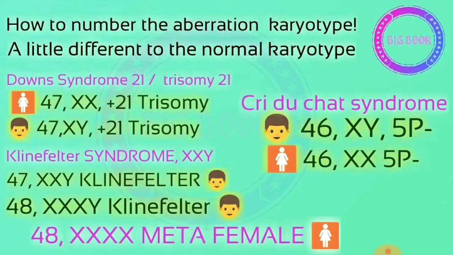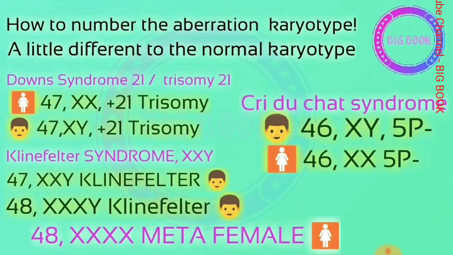Klinefelter syndrome is observed in the male itself, because whatever the number of X chromosomes may be present in the individual, the Y chromosome is going to dominate over these X chromosomes, because the maleness developing genes present in the Y chromosome are dominant over the feminine gender developing genes in the X chromosome.